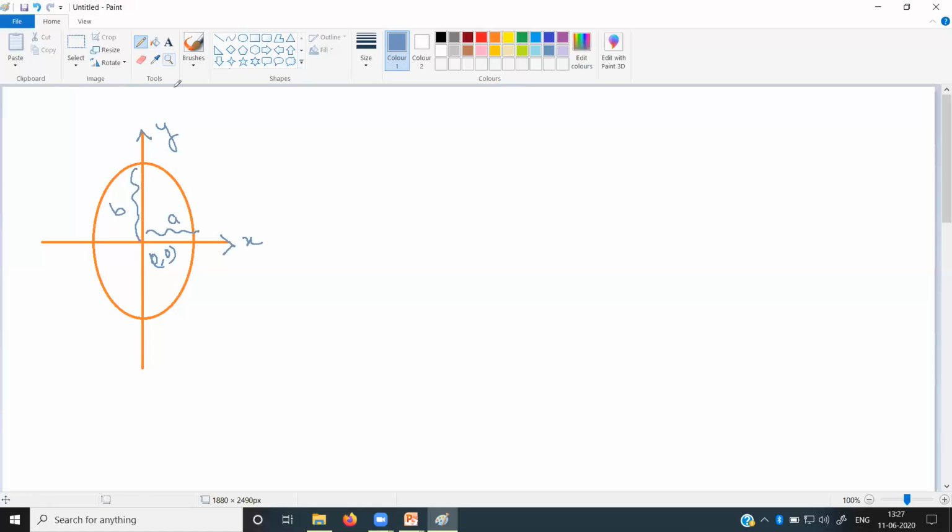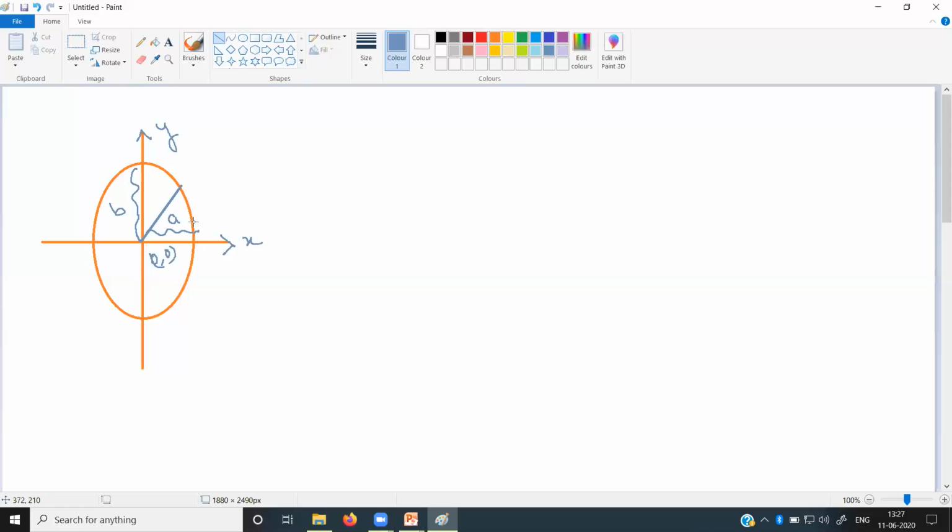Now, if I divide the ellipse, as you know there are 4 quadrants. This is quadrant 1, quadrant 2, quadrant 3, quadrant 4.